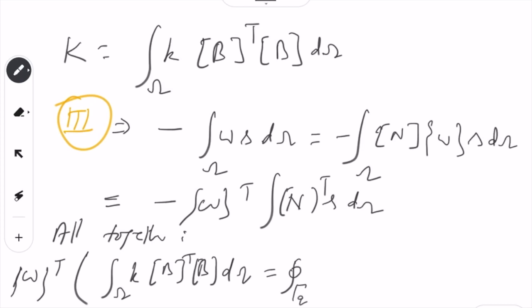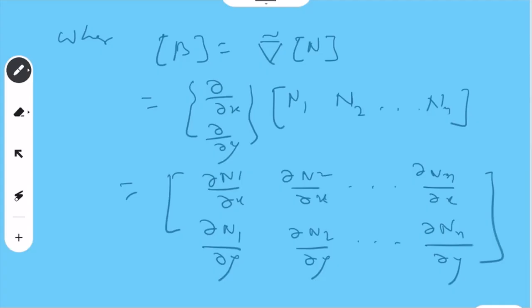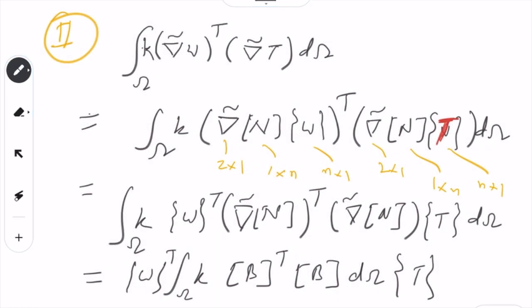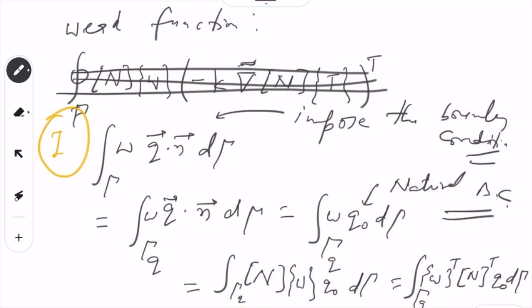gamma q multiplied by n t q naught. So we have n t q naught. That's it.